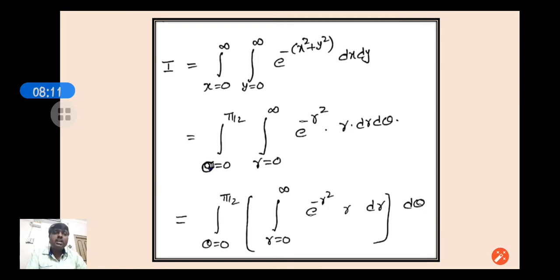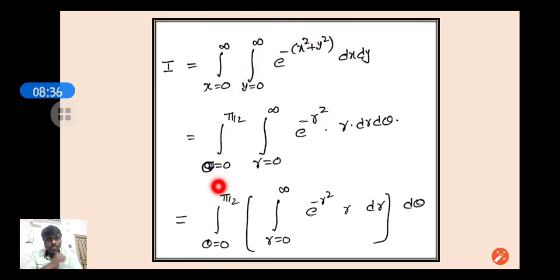Now completely change Cartesian coordinates into polar coordinates. Now I am changing here. First I am calculating x square plus y square. X square plus y square is equal to r square. So that's why I am writing e power minus r square. Next I am finding dx dy. Dx dy can be changed into the form of r dr d theta. Now this will be changed in terms of r theta. Now limits also changed.